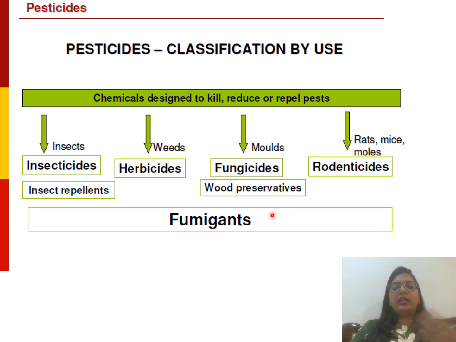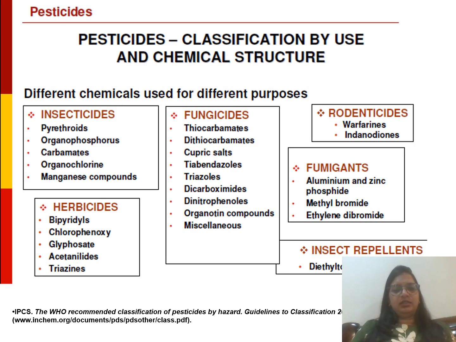Similarly, whatever kind of pest we want to kill, on the basis of that we can define our pesticides. Such pesticides are available in various forms like repellents and fumigants. We will discuss these formulations in later units. So let's move to the next kind of classification, which is based upon the chemical structure.